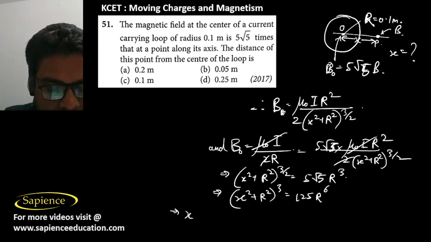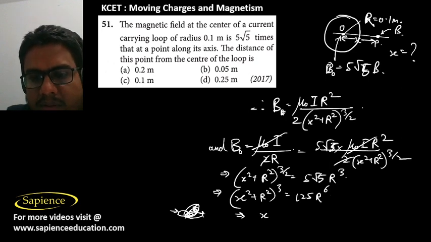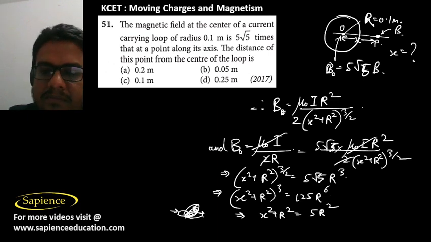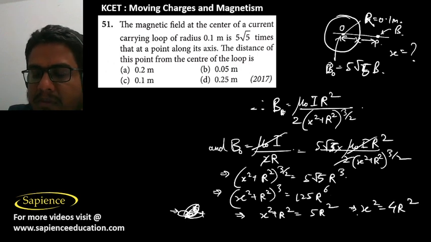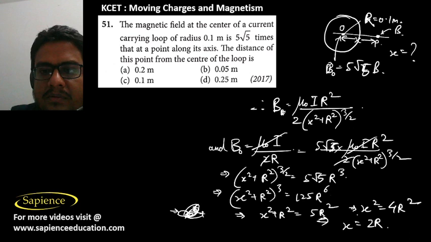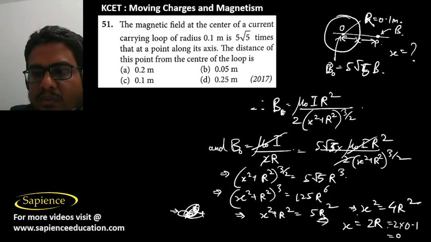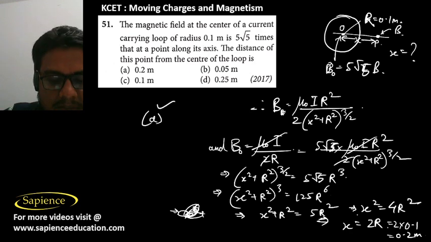So this will be x square whole cube, that is x power 6. Now we have to take the cube root on both sides. So this will be x square plus R square equal to 5R square. So x square will be equal to 4R square. Now if we take the square root on both sides, then x will be equal to 2R. So it means 2 into 0.1, that is 0.2 meter. Option A is the correct answer.